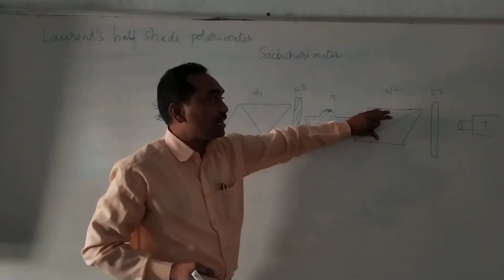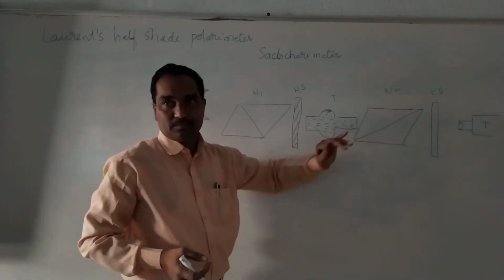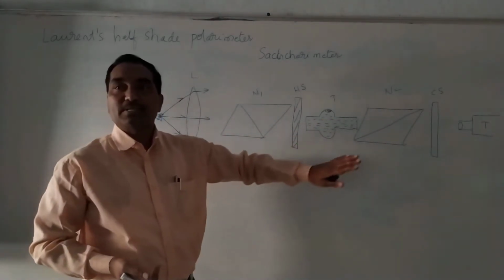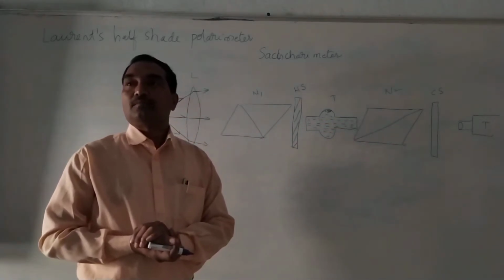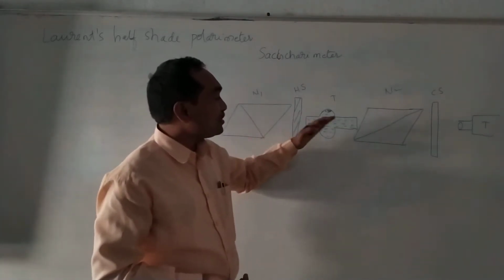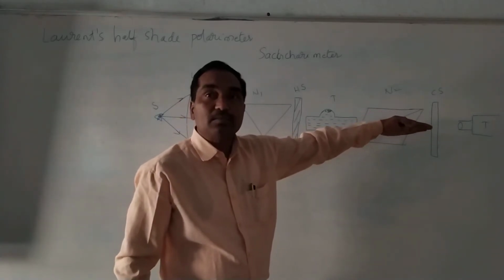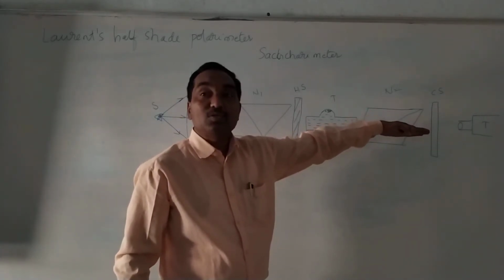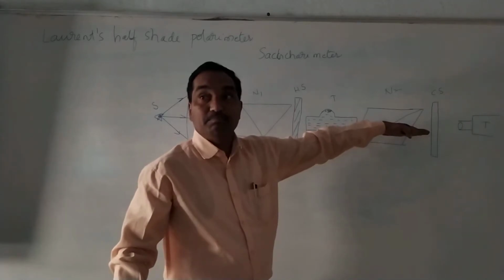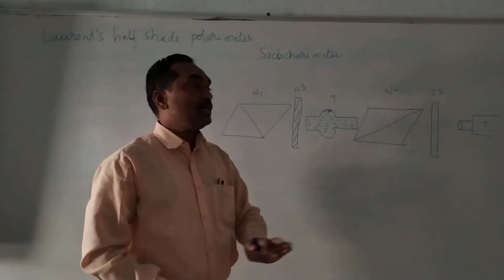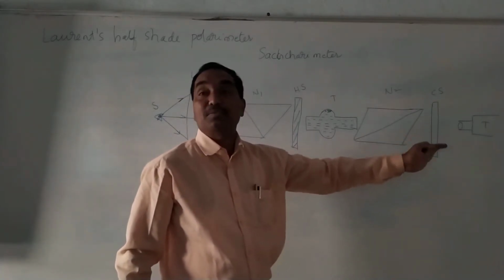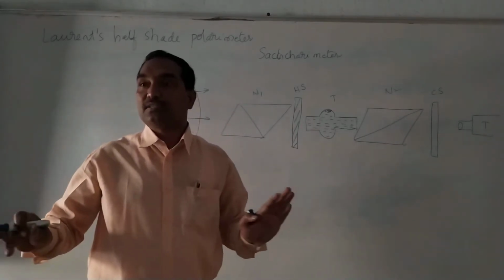When we rotate the Nicol prism N2 through some angle, what happens? The intensity should be dark, but in this case, the intensity of the emerging light from the Nicol prism N2 is not dark.